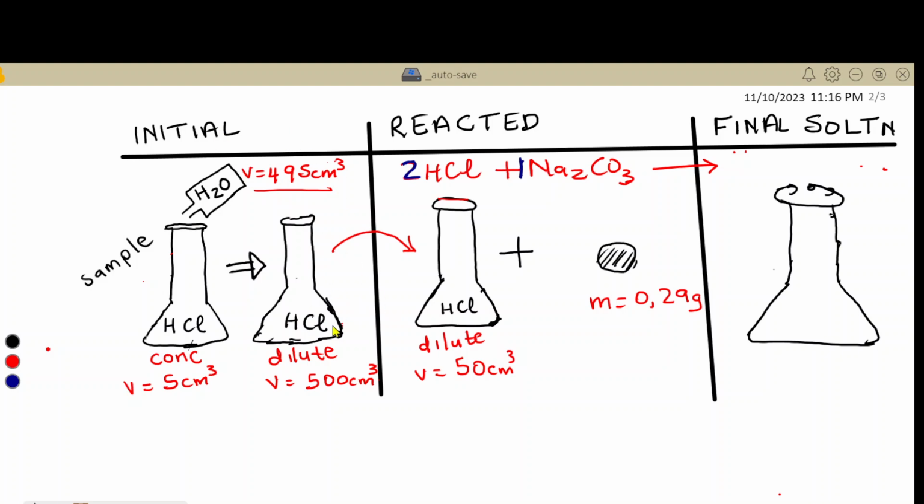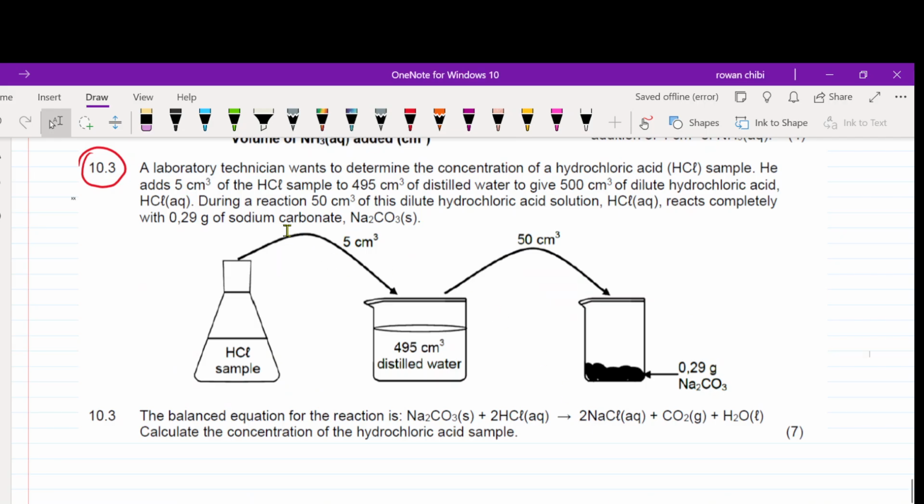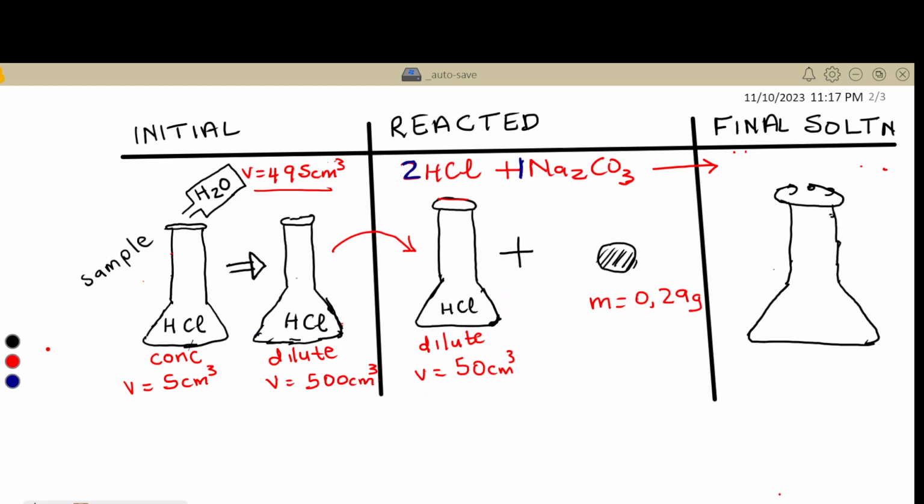Then what did they do with this dilute 500 cm cubed? Now they said during a reaction 50 cm cubed of this dilute hydrochloric acid reacts completely with 0.29 gram of sodium carbonate. So they took 50 cm cubed from this 500 cm cubed of the same dilute HCl.